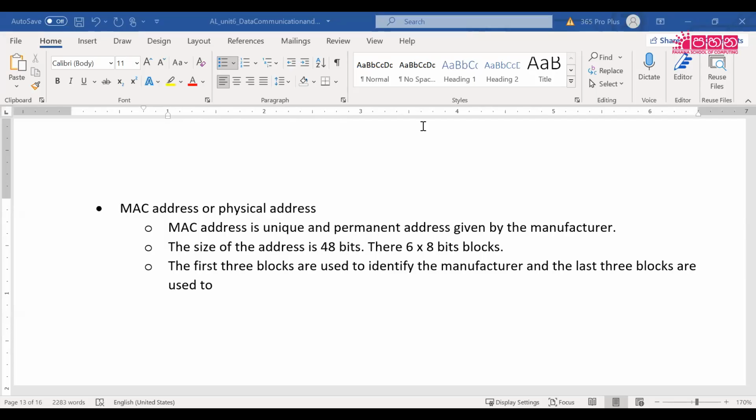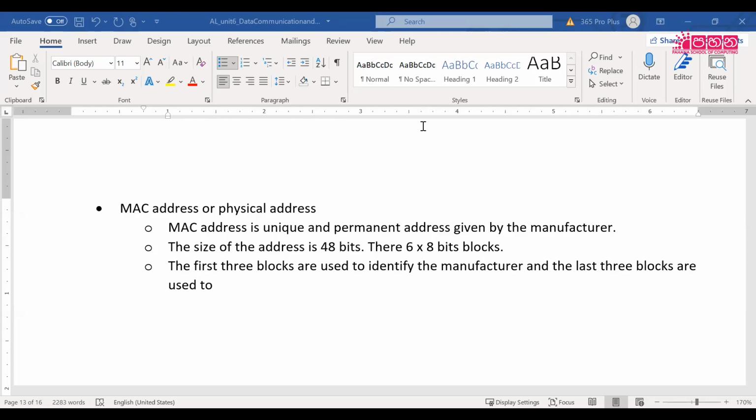The MAC address is known as a physical address, and it's a unique and permanent address. It is basically given by the manufacturer. Earlier, the size of the address was 32 bits, but in this case we have 48 bits, and there are six 8-bit blocks.